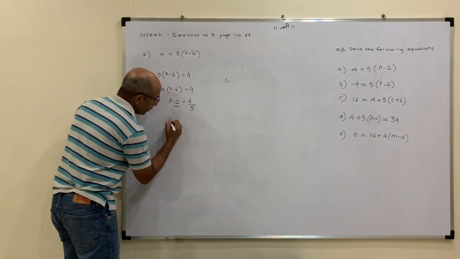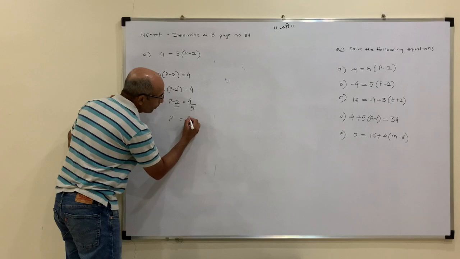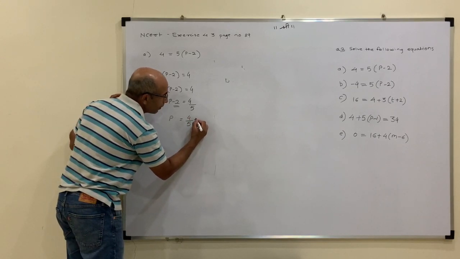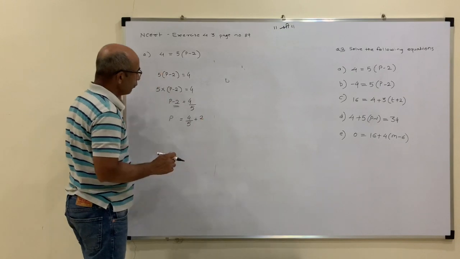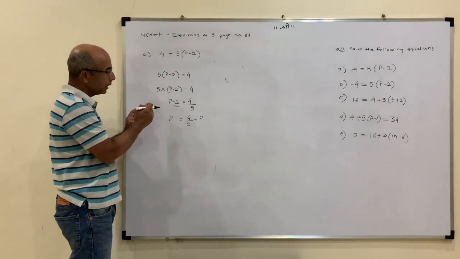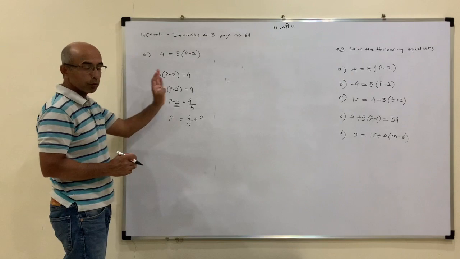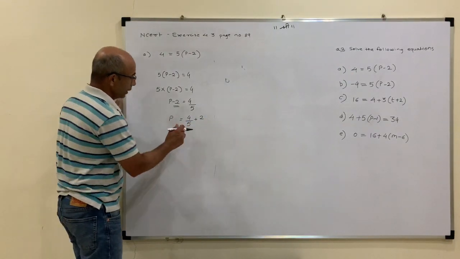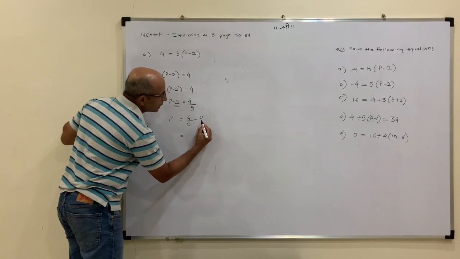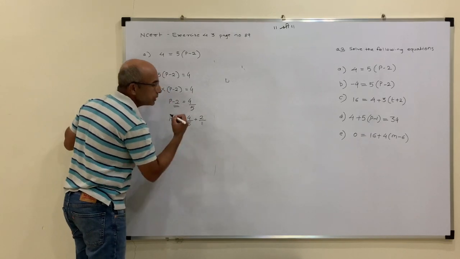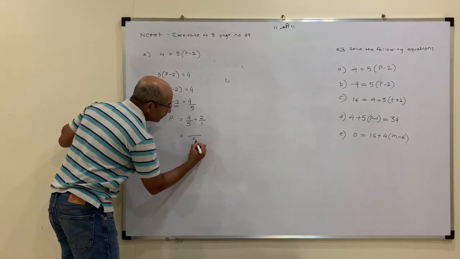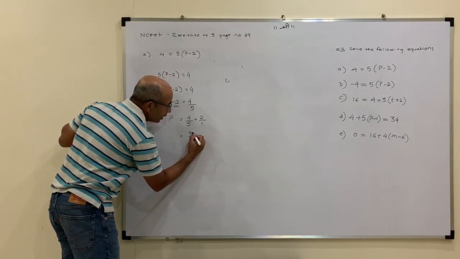So next step will be P equals to 4 divided by 5 plus 2. Now when we transpose a negative number from left hand side to the right hand side, it becomes a positive number. So here my next step will be, since there is nothing, the 2 is divided by 1. So my LCM is 5. So 4 plus 2 into 5.